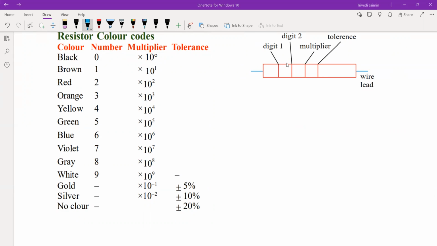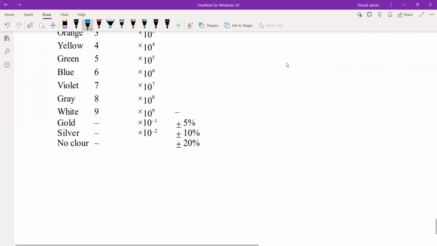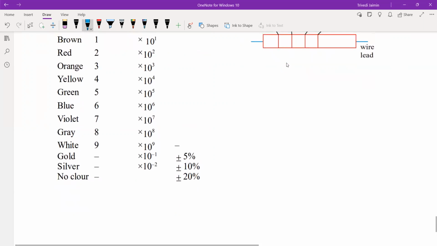Okay. This is all about thermistor. Let's discuss thermistor. First write this one, thermistor. We'll come back here. Now, thermistor is simply a heat sensitive device.